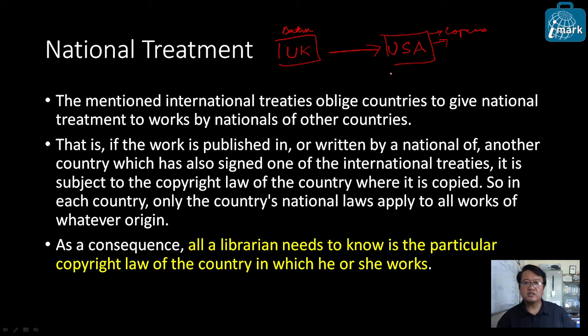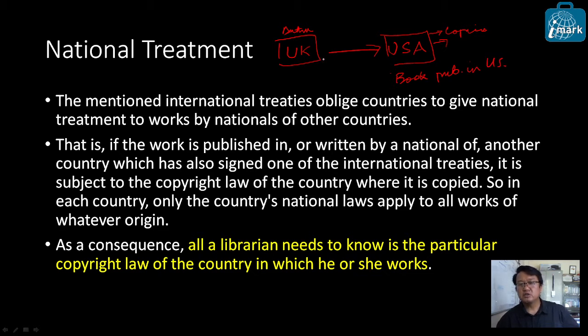That is why these successive conventions have said that every country should have a copyright law, and the treaties provide a legal framework that should be adopted. So a book published in the United Kingdom will be treated exactly like the books published in the USA.